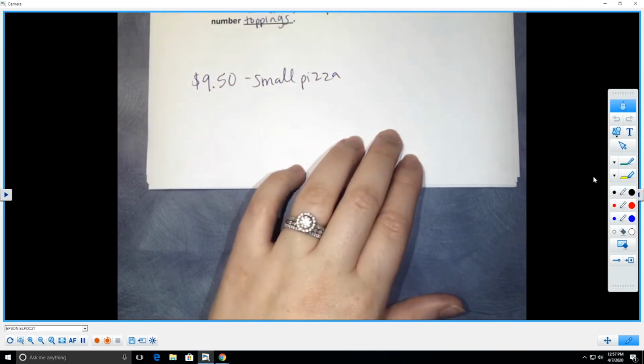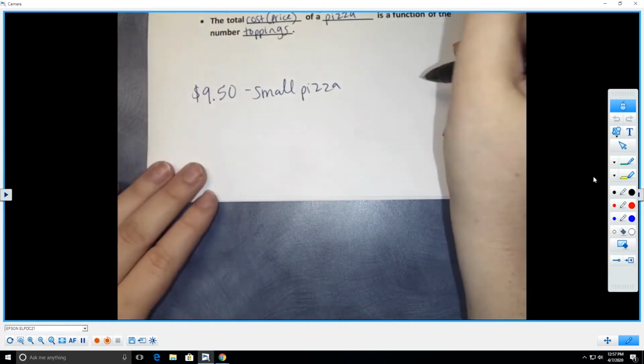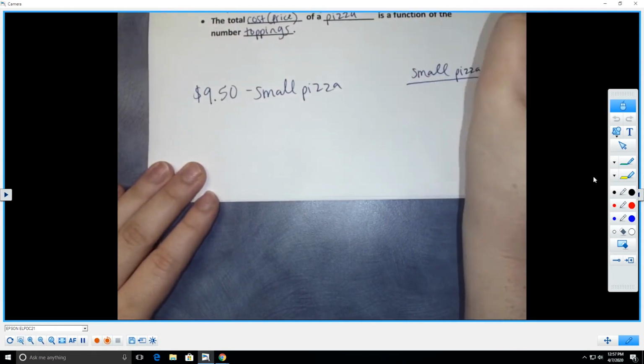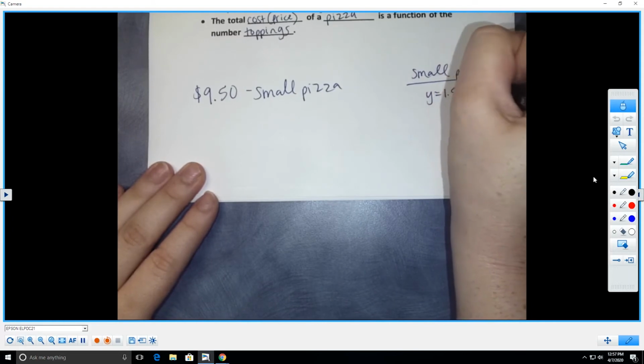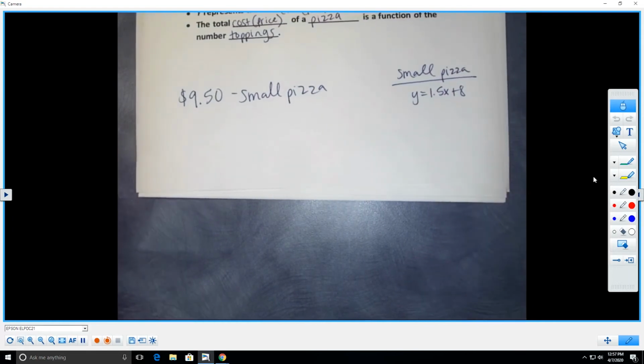So I want to remind you that the equation we used to represent a small pizza was y equals 1.5x plus 8, and I'll write that out to this side for you. So if Andrea spent $9.50 on a small pizza, I want to see if you can determine how many toppings she got.